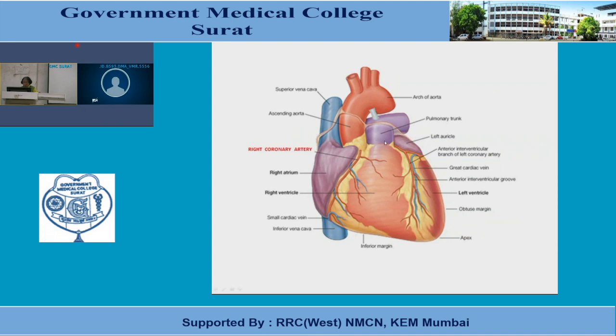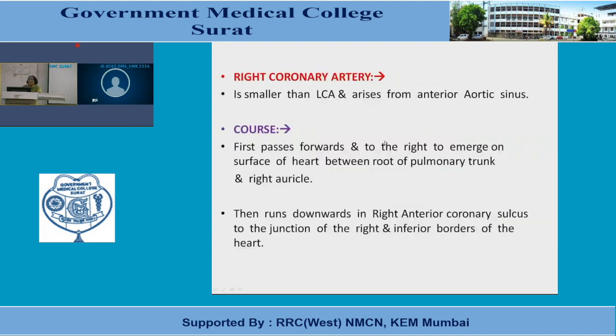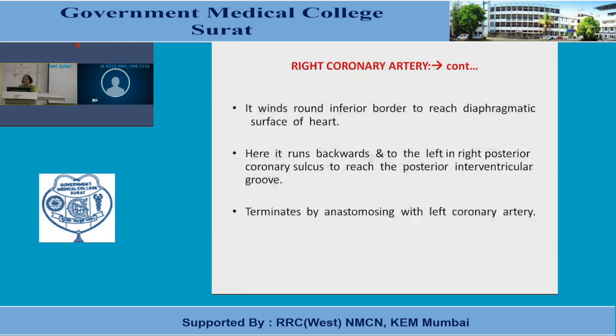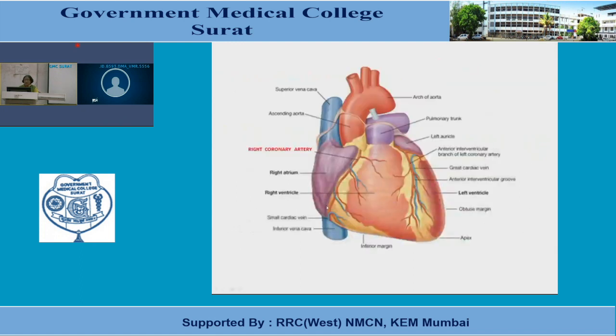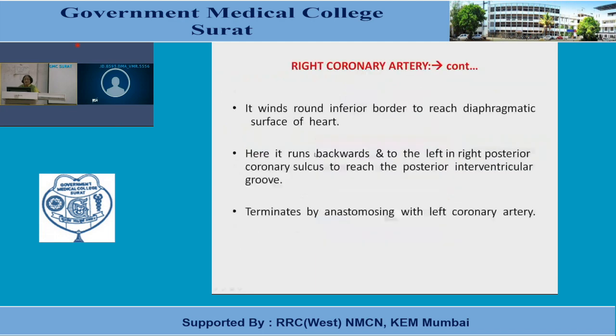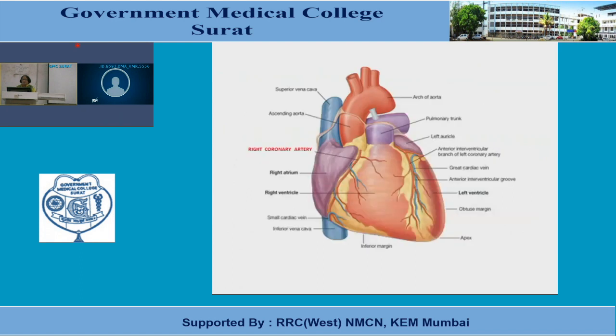Now, it winds round the inferior border to reach the diaphragmatic surface of the heart. Here it runs backwards and to the left in the right posterior coronary sulcus to reach the posterior interventricular groove. The anterior interventricular groove is visualized on the sternocostal surface, and the posterior interventricular groove is on the diaphragmatic surface.